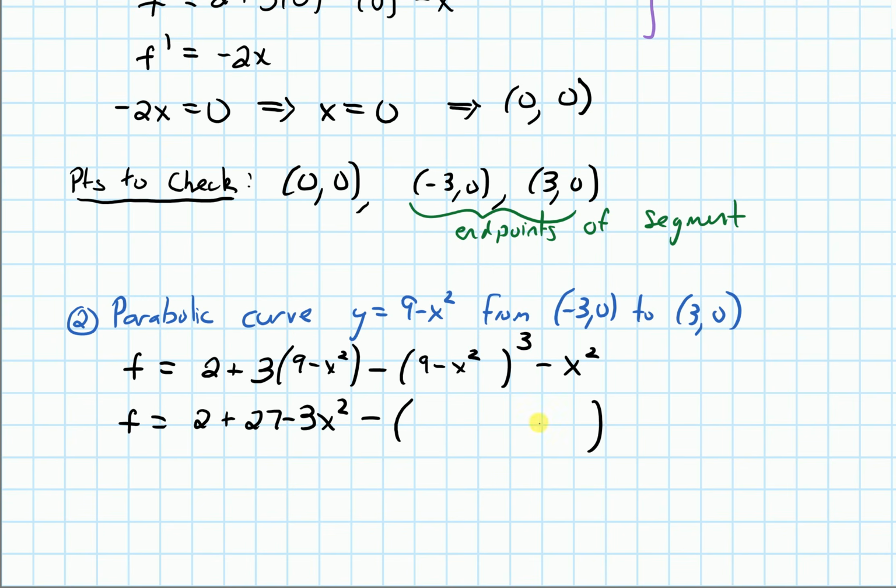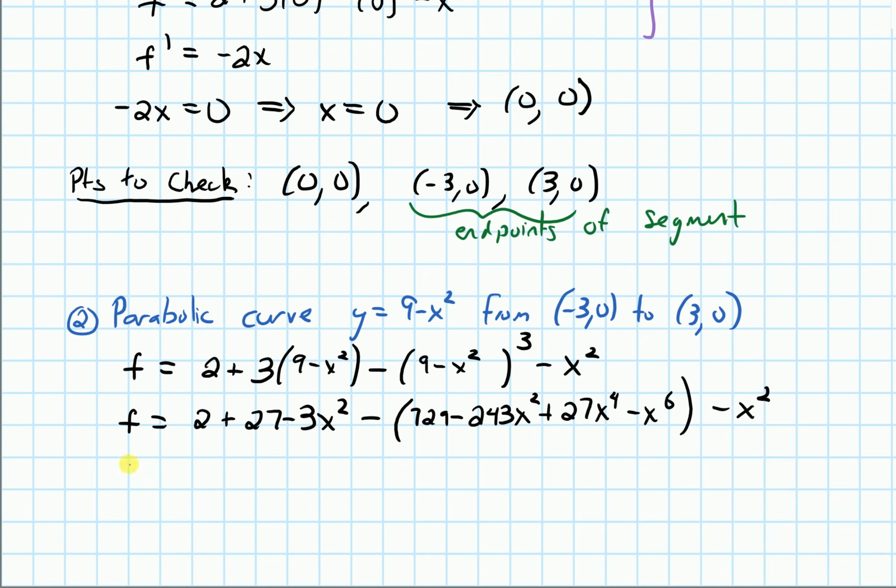In any case, this isn't too bad to just cube and work out. If I work out what it is, we get 729 minus 243x squared plus 27x to the 4th minus x to the 6th. That's what we get if we cube 9 minus x squared and just do a big old FOIL. All right, and then we have that minus x squared at the end.